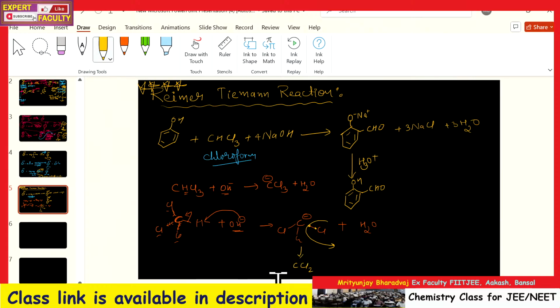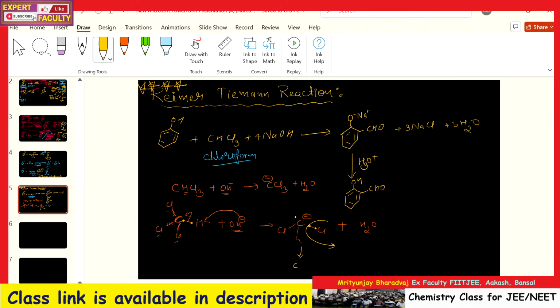Will the octet be complete or incomplete? Incomplete. So how many electrons will be there? 4. Look, this is the bond pair of carbon hydrogen. Who has taken this bond pair? Carbon.